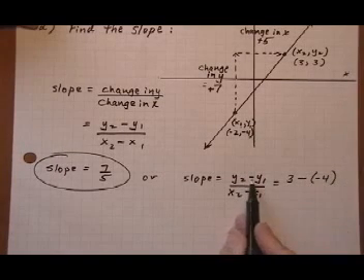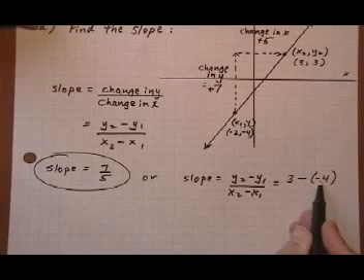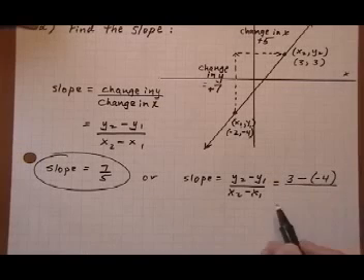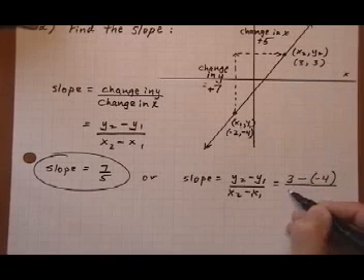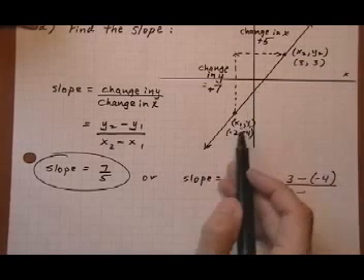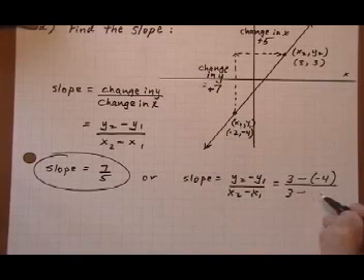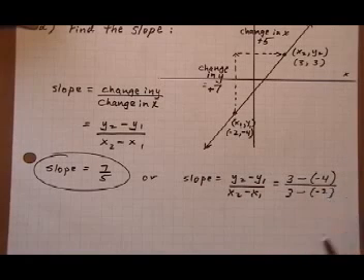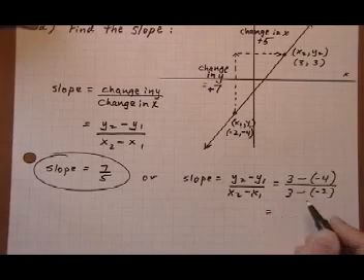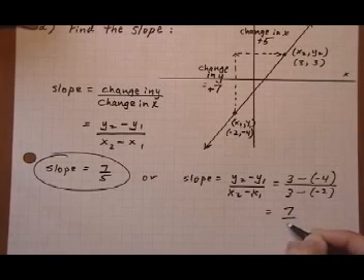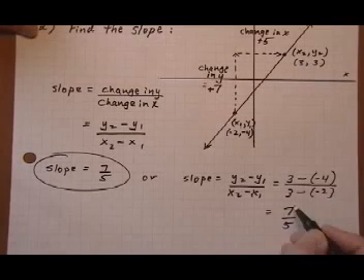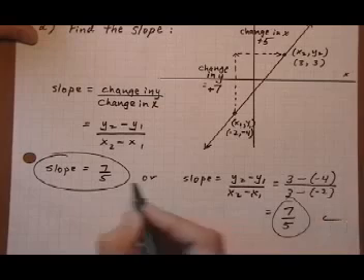So we subtract a negative here, divided by x2. The x position of the second point is 3. Take away x1. The x position of the first point is -2, again a double negative. And that gives us 3 plus 4, which is 7, over 3 plus 2, which is 5. So you're still going to get the same answer.